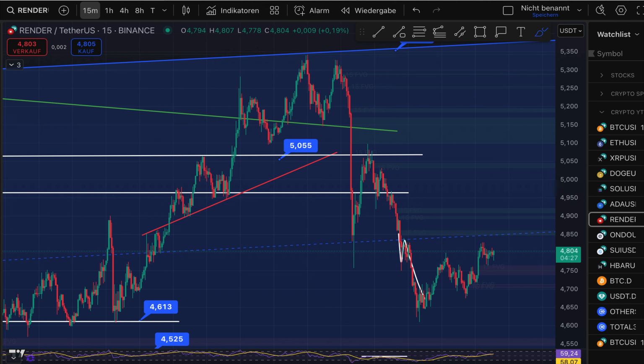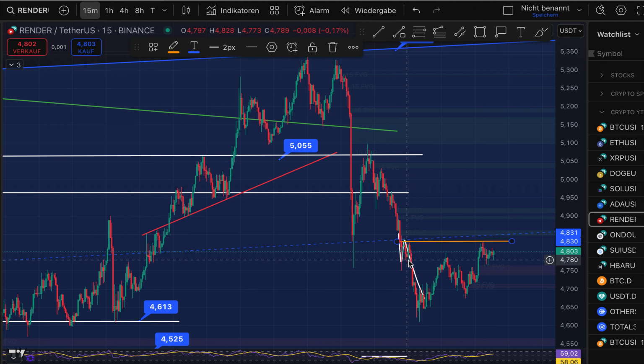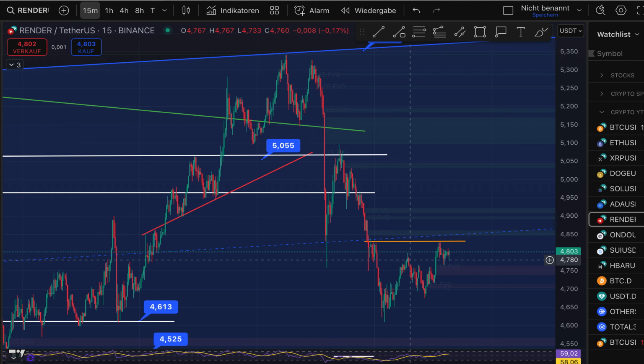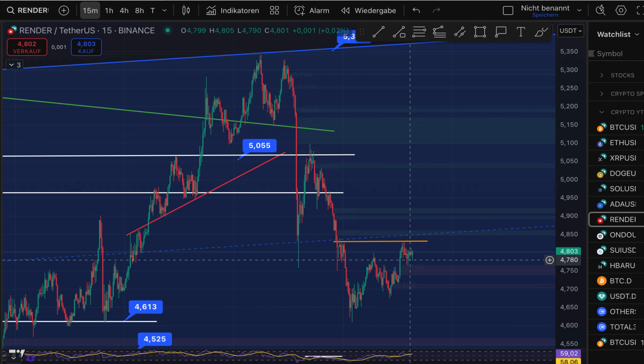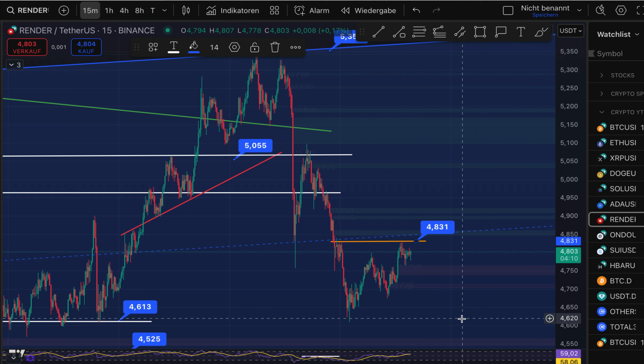But what I see now is we might have here an inverted head and shoulders formation. This is a bullish pattern. So if we break it to the upside, which is currently the $4.83, then we can get up into $4.91.